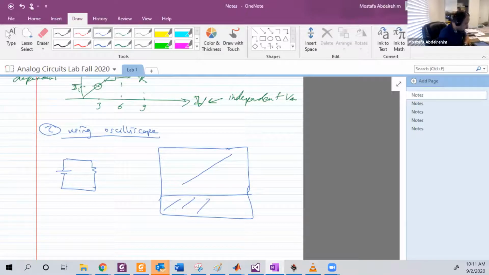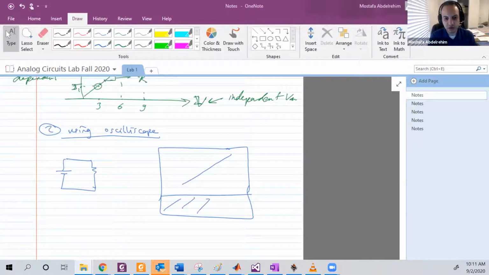So let's start. I will share another screen now, not that one, and you must now bring the lab manual or sheet that I shared with you in front of you, and just follow me in the steps that I will do.